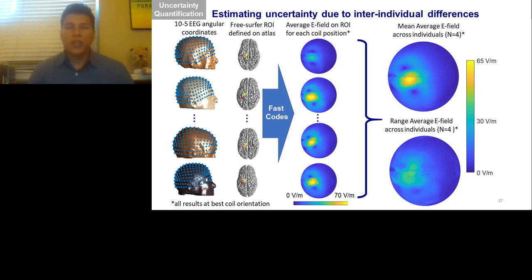And this currently all can be done. It's relatively straightforward. However, these analyses are quite computationally intensive. And so what we're working on is developing fast methods to make doing these analyses on a laptop possible, so that this can be used in a practical setting to inform coil positioning.